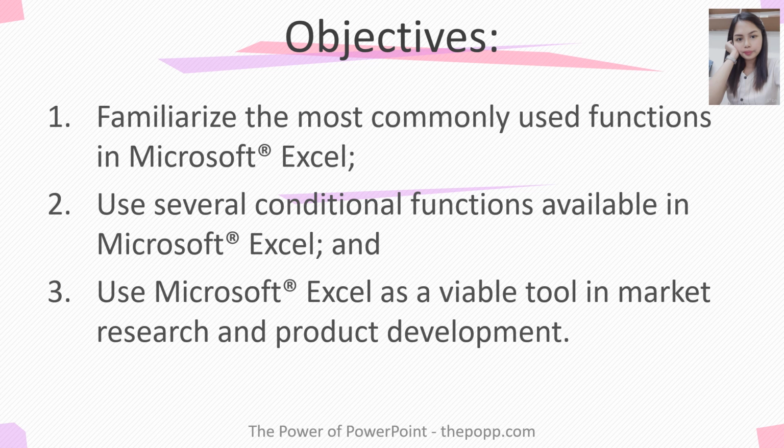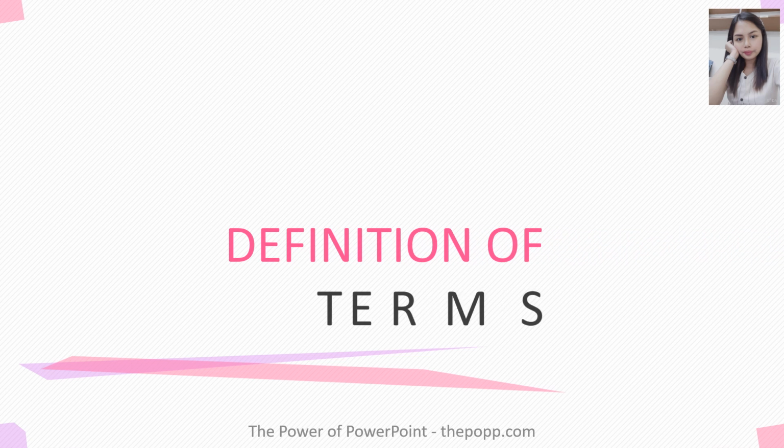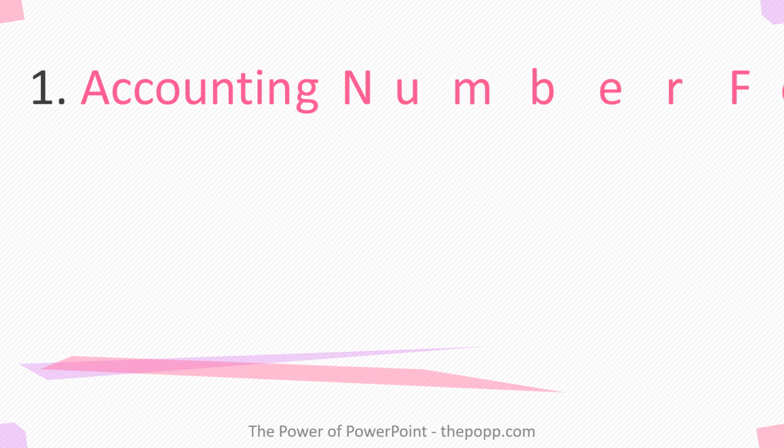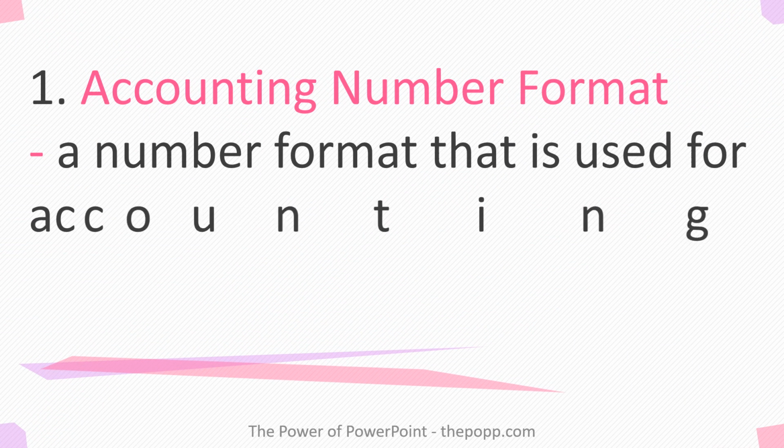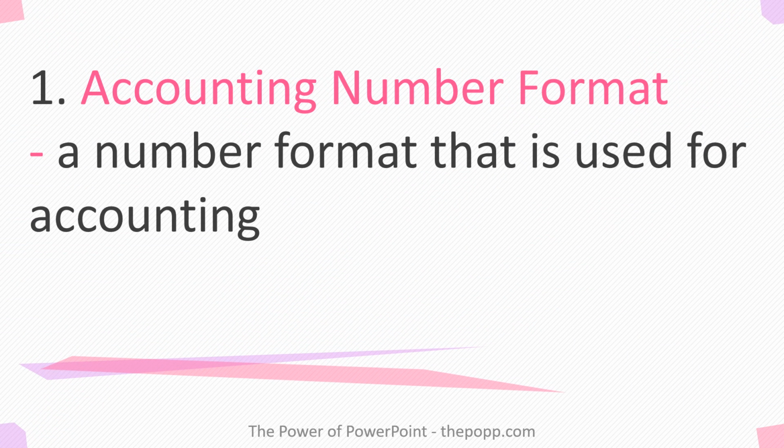In the first part of the lesson, we already had a pre-test of what Microsoft Excel is all about. But now let's have the definition of terms. Accounting number format. This is a number format that is used for accounting.